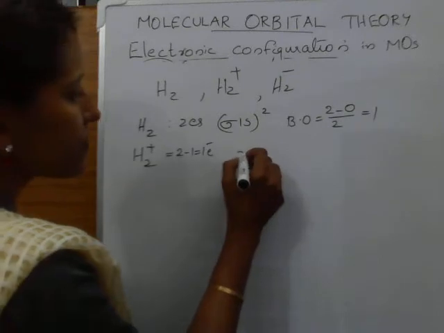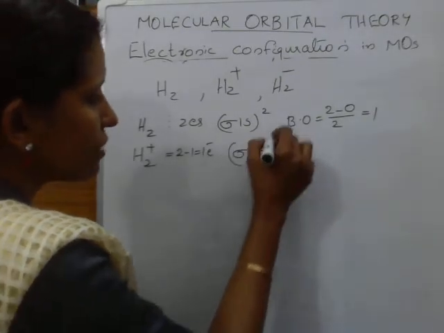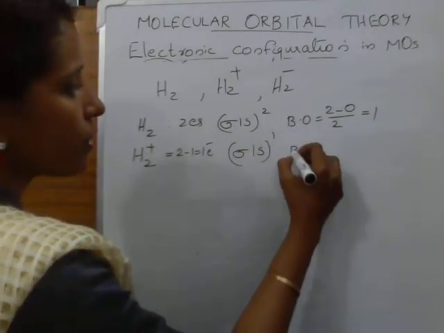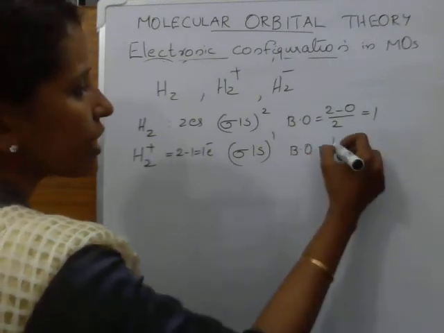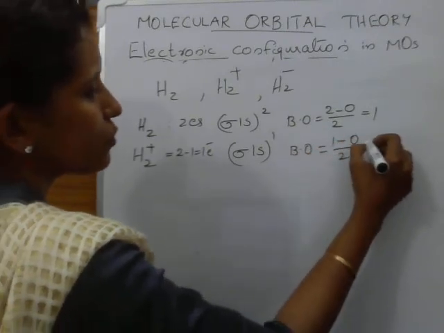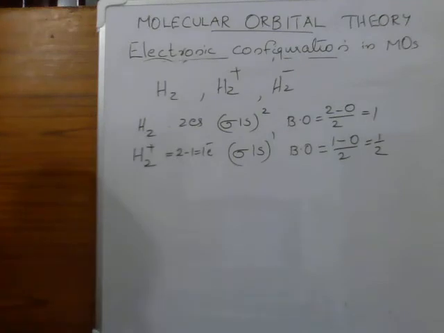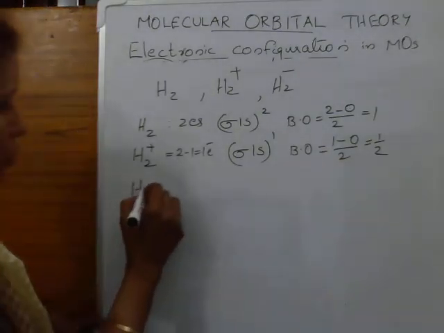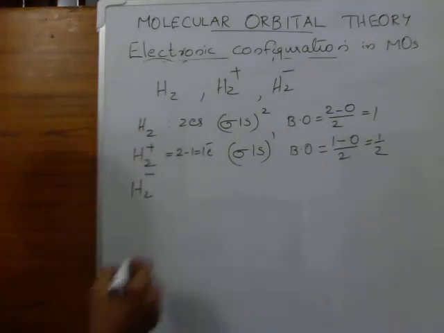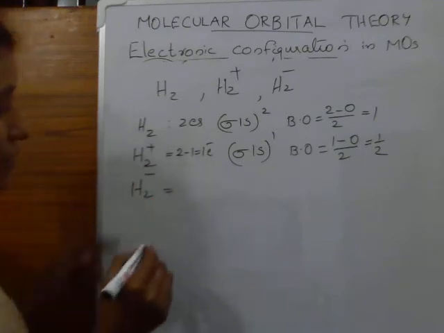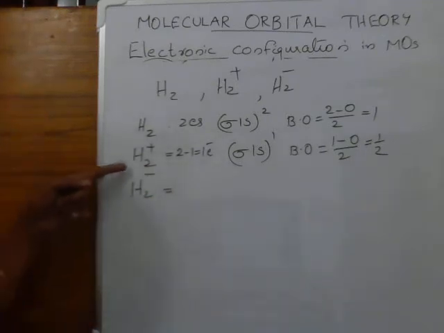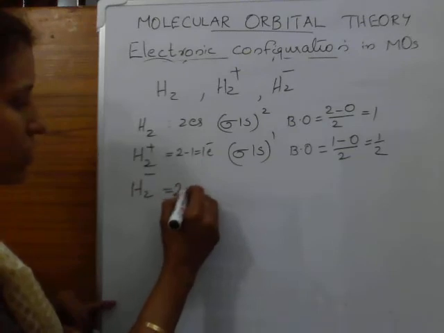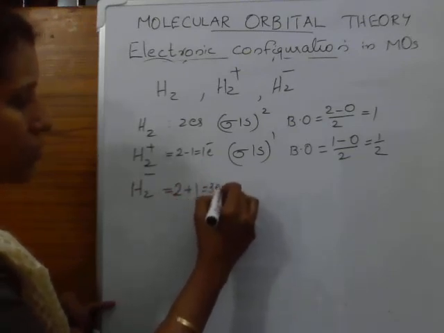What will be the electronic configuration? Sigma 1s with only 1 electron. Bond order will be equal to 1 minus 0 by 2, that is half. Now the H2 minus ion has 1 electron more due to 1 negative charge. That means 2 electrons plus 1 electron, that is 3 electrons.